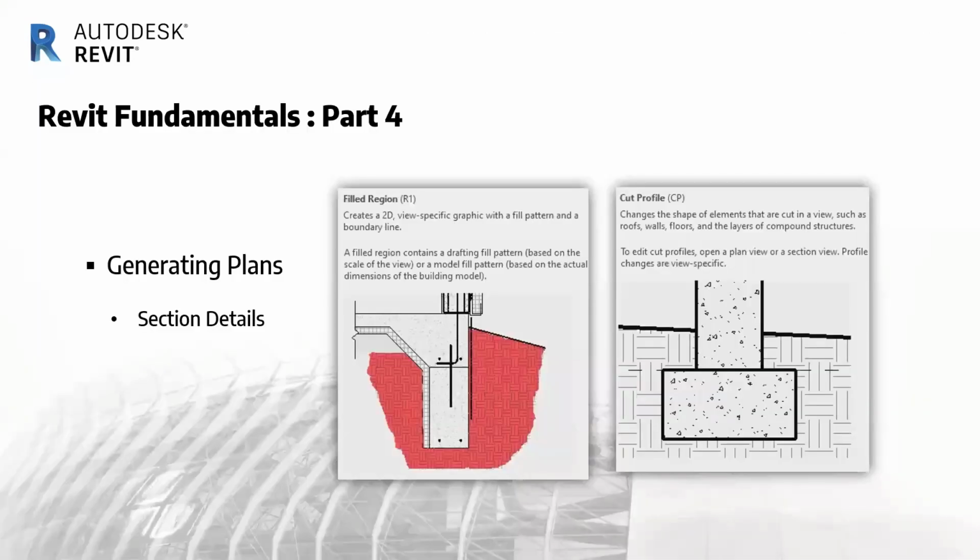So in Revit Fundamentals 4, we'll be adding some details to our section using a filled region tool similar to AutoCAD's hatch tool. We'll be using the cut profile tool to change the shapes of elements like the slab or a wall, which will only be displayed in that particular view that we're working on.